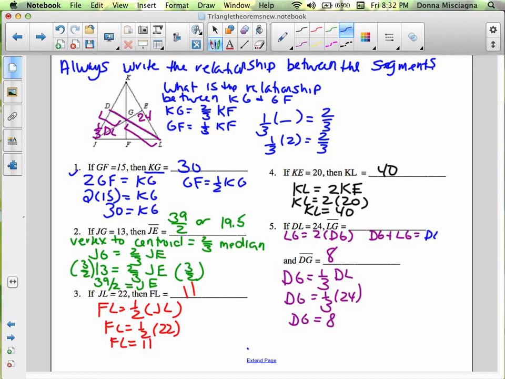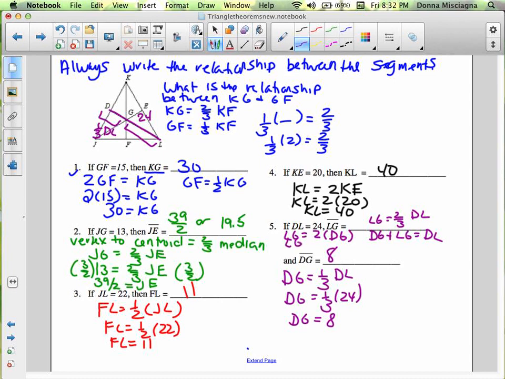You could also, by the way, although I'm not going to solve it out, you can put this in your notes, use LG is 2/3 of DL. Any of these would work. I think the bottom two, LG equals 2 DGs, or DG plus LG equals DL, work really well.